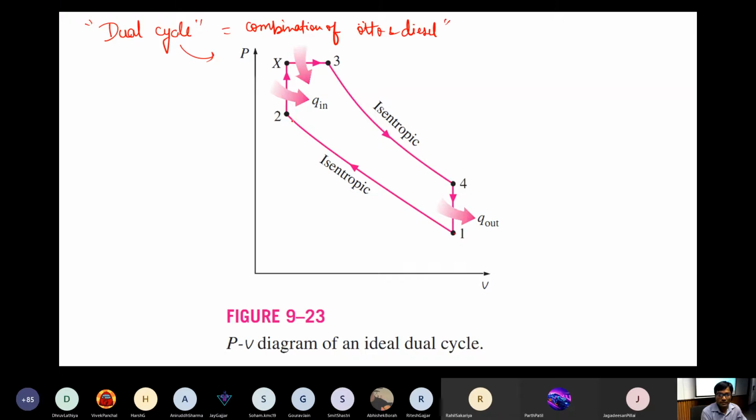So from 1 to 2 it goes similar to your Otto cycle. Again, 1 to some intermediate position X it goes, but it doesn't come back like this. After X, it follows the diesel cycle.